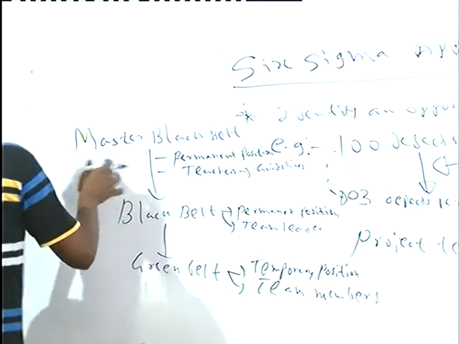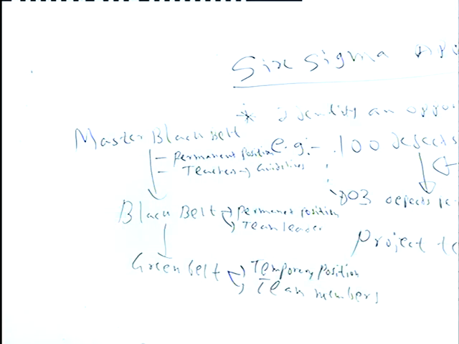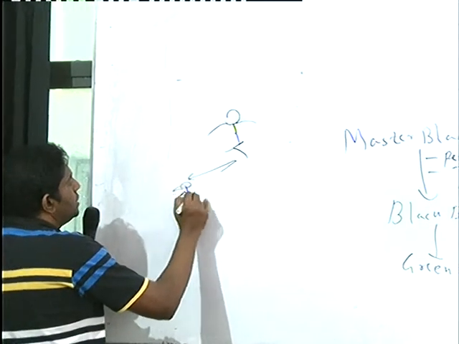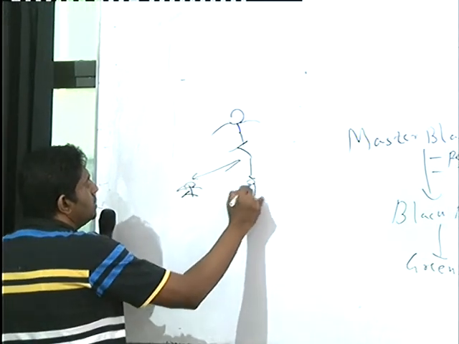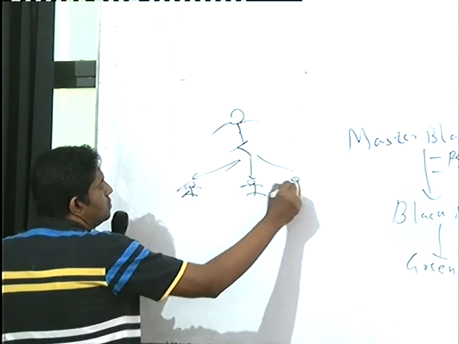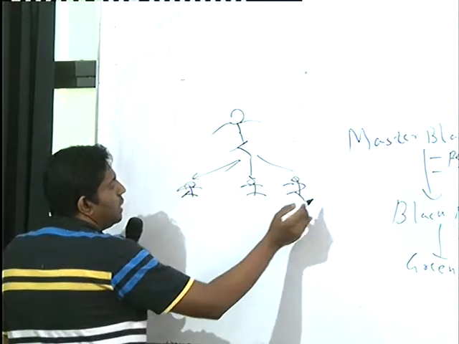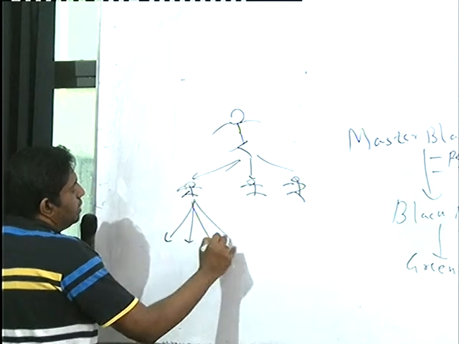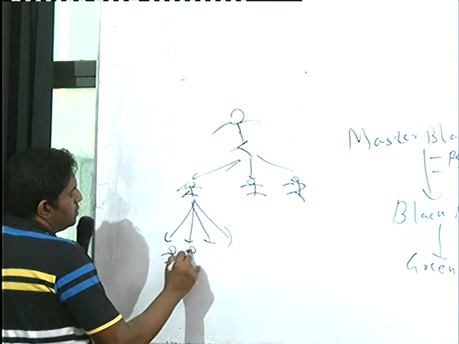If you look at this scenario, you see a master black belt, maybe one person acting as the master black belt at the top. Under him, say there are 3 Six Sigma projects going on in the organization. There will be 3 black belts who act as leaders in each project. Under them, in a project, you can find green belt persons.